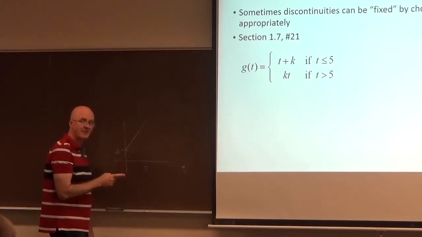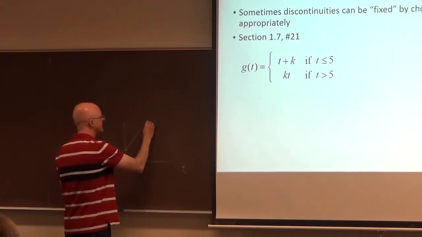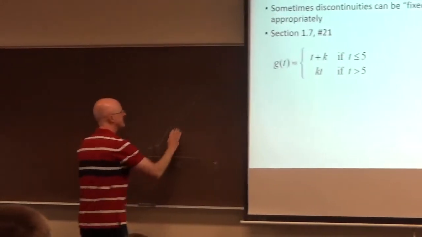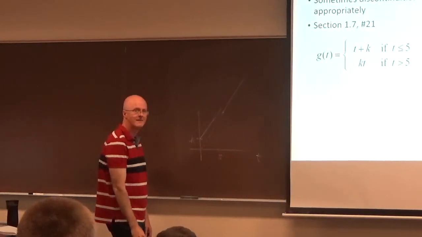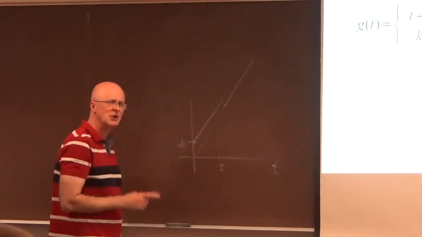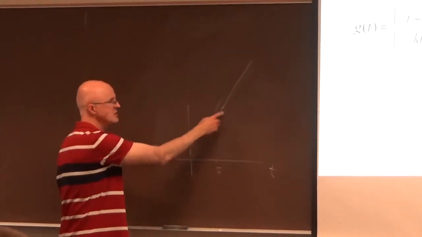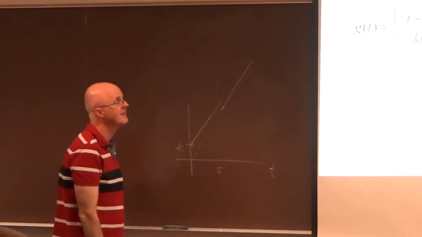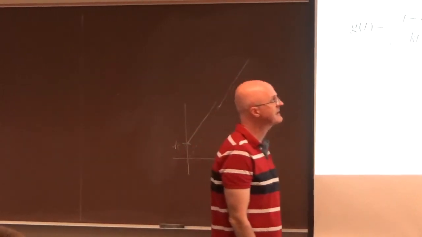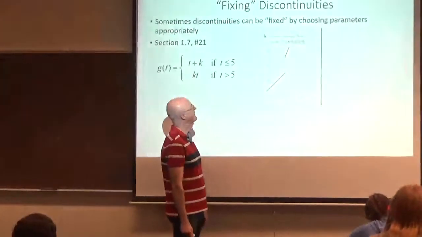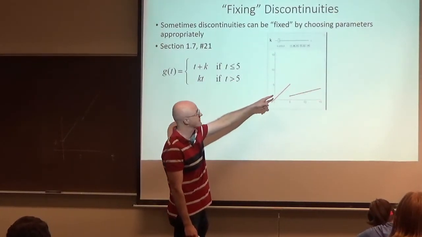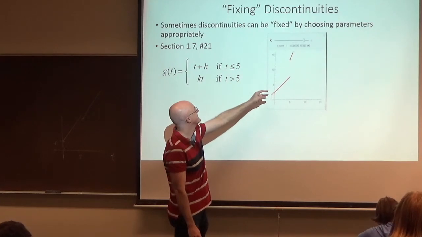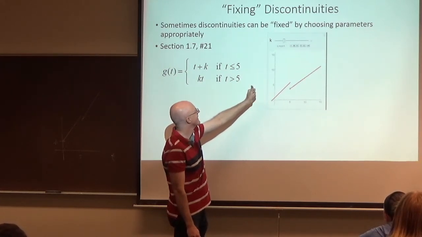But you only see that part of the graph once t is bigger than 5. Can you choose k to make these two pieces match up? Different k's give you different graphs, but look, there is one value of k where they match up. Right there. Right there.